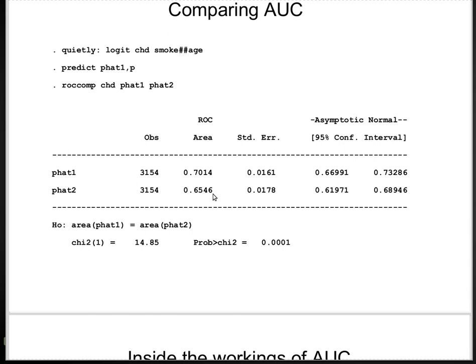Nevertheless, if we were to test the null hypothesis that these population AUCs are different, we get something that's potentially interesting. Again, another argument that the quadratic form for the model might not be adequate at this point, right?